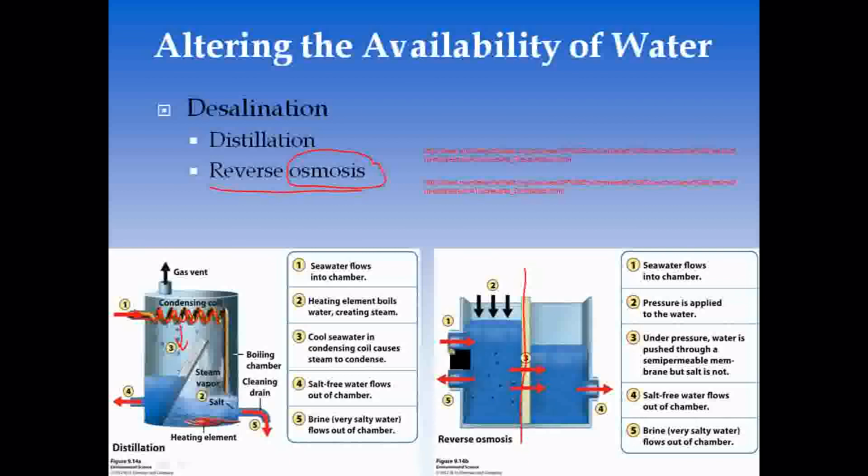It takes a tremendous amount of energy to pressurize and pump that water through that membrane to give it enough power to get through a membrane that's got such tiny pores in it that it can trap the salt but lets the water through. Reverse osmosis is the preferred method of turning salt water into drinking water, but it's a very expensive proposition.